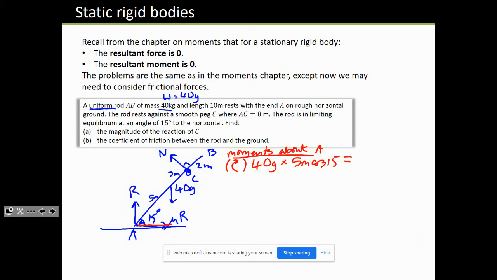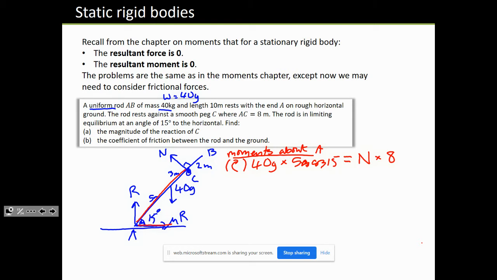So that's going to equal, because it's in equilibrium, our anti-clockwise moment of N newtons, and the perpendicular distance of N from A is going to be that 8 meters. Sorry, this is meters, isn't it? So we don't have m there, it's just 5. So it's N times our 8 meters. It wouldn't matter anyway, because the m would have cancelled out.